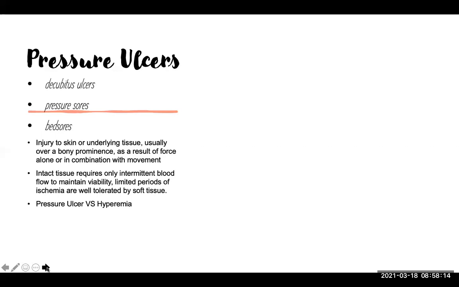In other words, you see a spot on the body that's red. It looks hot and red and mad looking, I call it. You apply pressure to see if it's going to blanch. If it blanches, then that's considered hyperemia. So you've kind of got time to save that tissue if you see a blanchable redness or hyperemia.